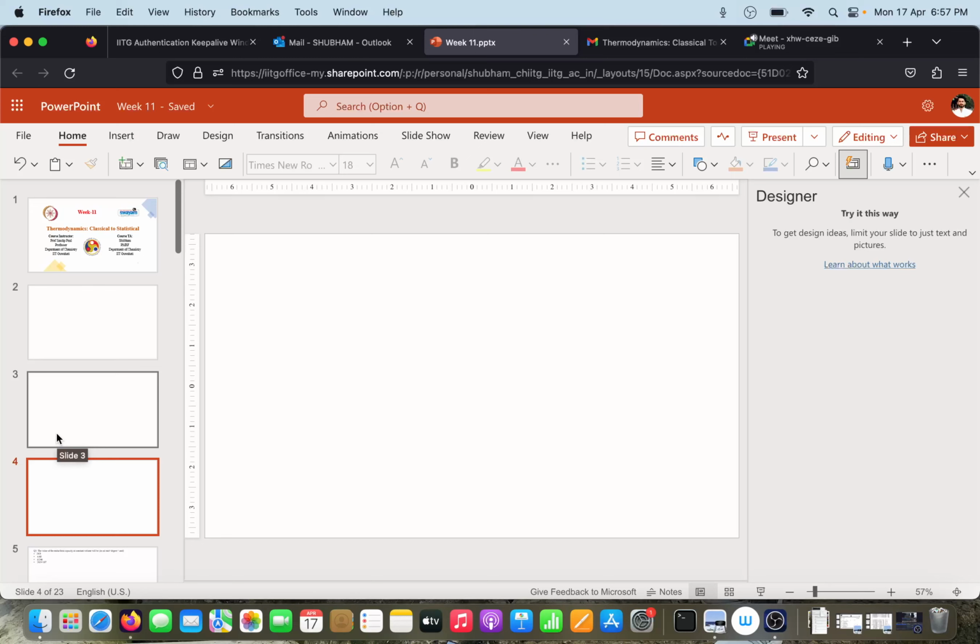Since all the units are consistent, I am not writing the units because I am using SI only. h is 6.626 into 10 to the power minus 34, and we take h square divided by 2, and the mass of the electron is 9.1 into 10 to the power minus 31. Just solve this using a calculator.